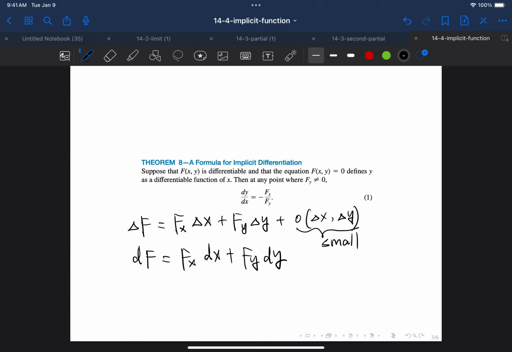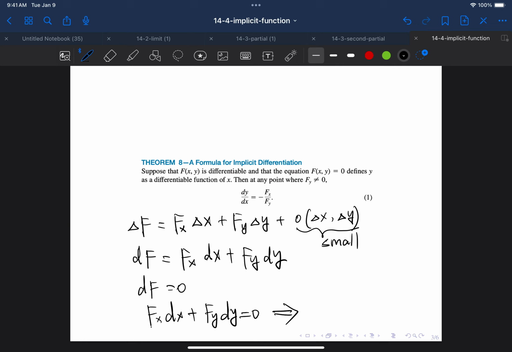Now because f(x,y) equals 0, df is equal to 0. Because this constant does not change, 0 is constant, d0 is 0, constant prime is 0. So that means fx dx plus fy dy equals 0.